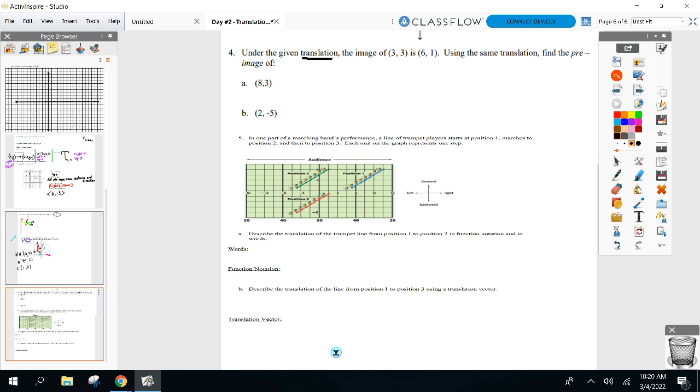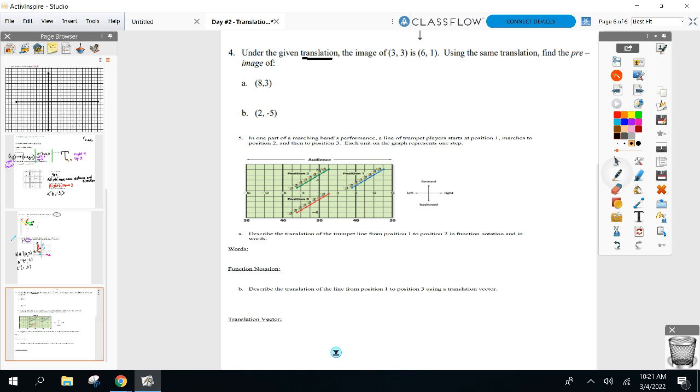Use that rule to find the pre-image. Everyone see part A, 8,-3? That's where I ended. Your job, where did I start? Using that rule. See the directions? I gave you where we ended. Which point did we start at?